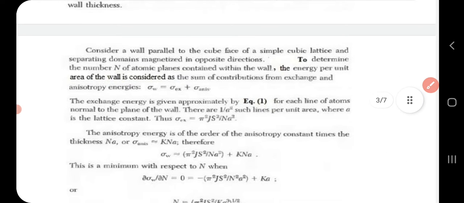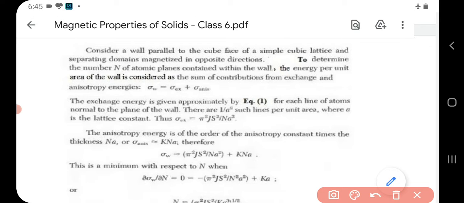Consider a block wall parallel to the cube face of a simple cubic lattice and separating domains magnetized in opposite directions. To determine the number n of atomic planes contained within the wall, the energy per unit area of the wall is considered as the sum of contributions from exchange and anisotropy energy.